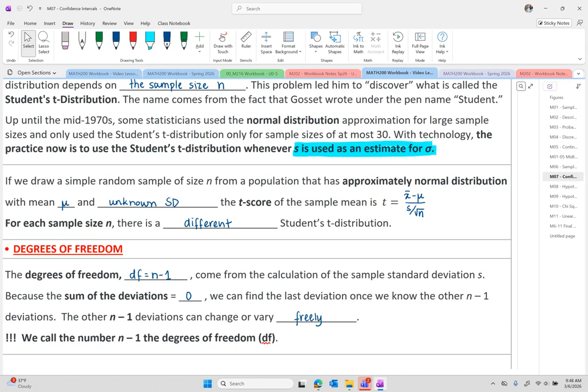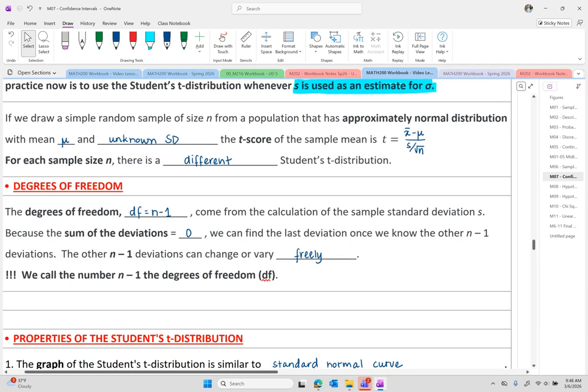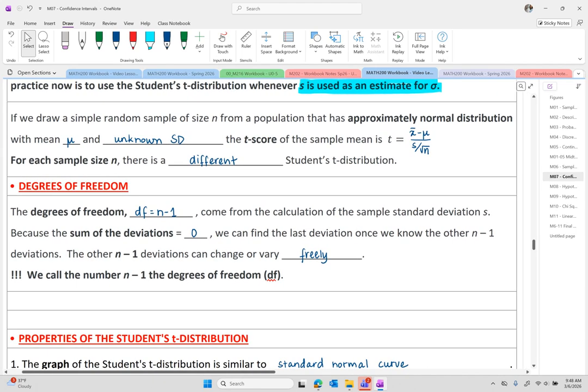For every sample size n, there is a different student's t-distribution. The student's t-distribution depends on something that we call the degrees of freedom. Degrees of freedom is the quantity n minus 1. If you remember, we saw that in the denominator of the calculation of the sample standard deviation s.